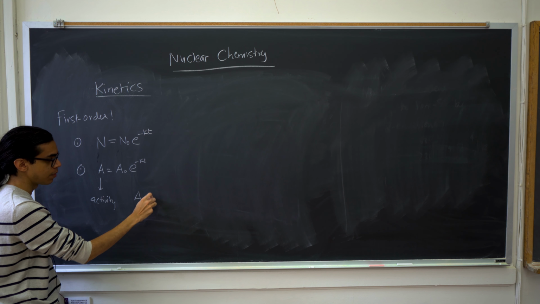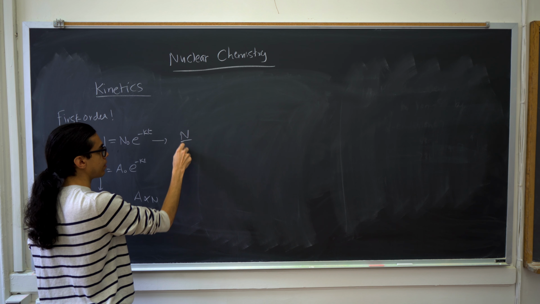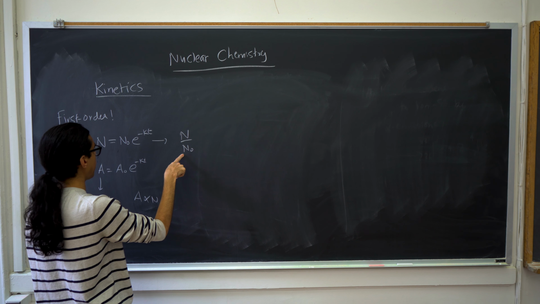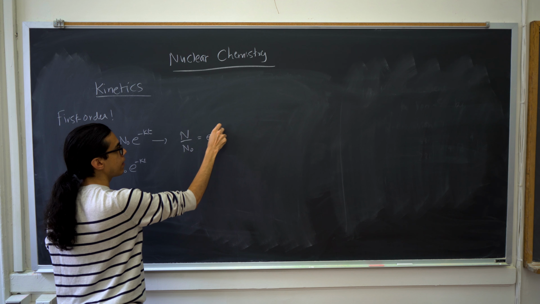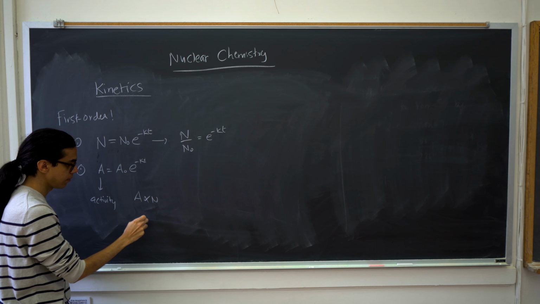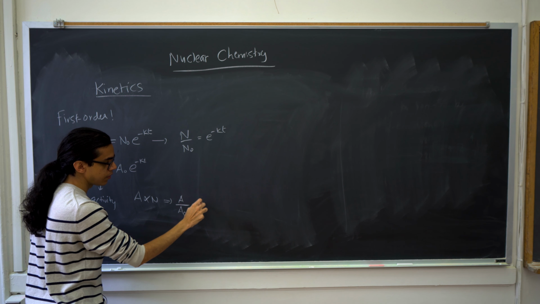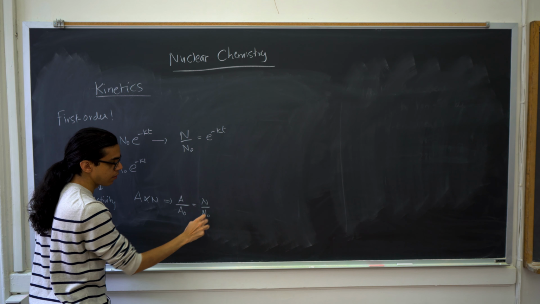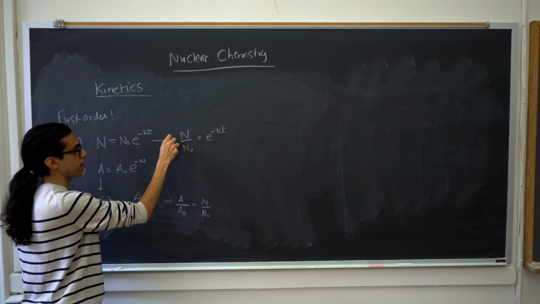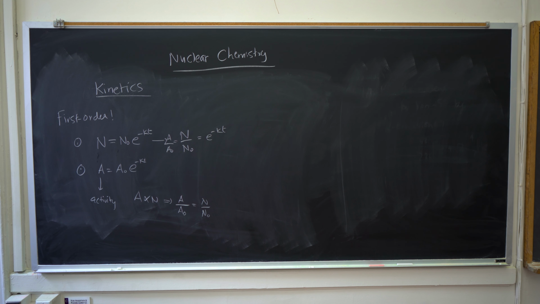A is proportional to N. If I wrote this in a slightly different way, you'll see why that works. N over N naught is e to the minus kt. And I'm saying A is proportional to N, which means same ratios, right? So A over A naught would be the same as N over N naught. So I can write A over A naught, and you'll get the same equation again in terms of A's. You don't have to worry about that, just saying where it comes from.